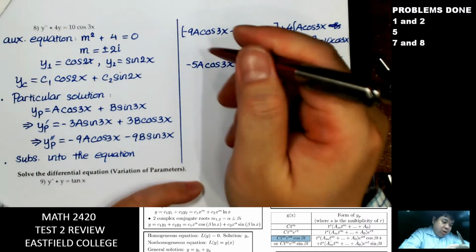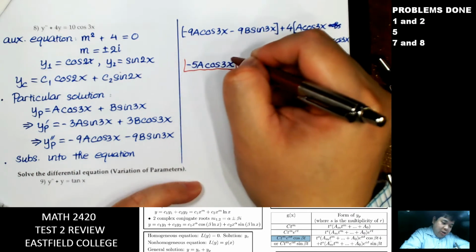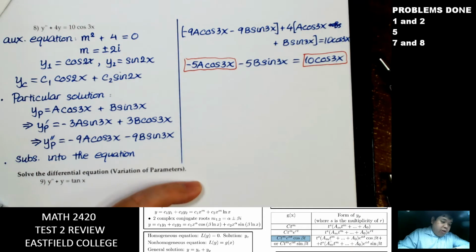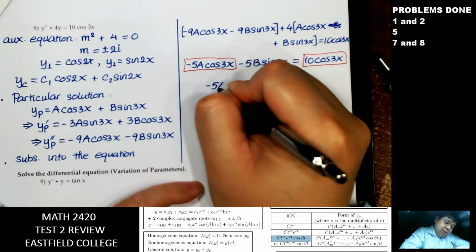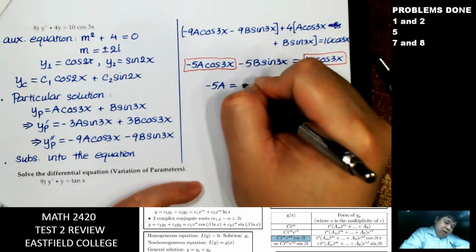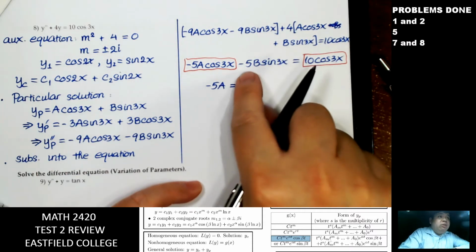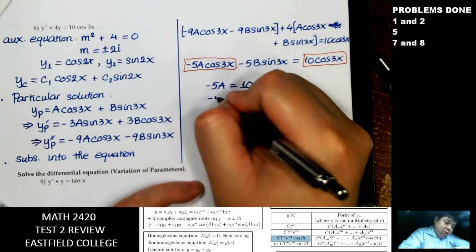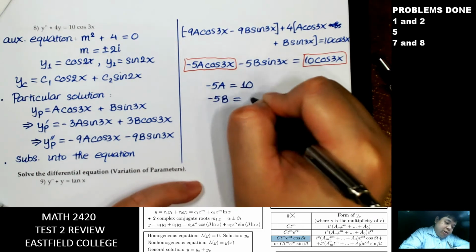So we will match the cosine 3x with the cosine 3x. So negative 5a equal to 10. And negative 5b sine 3x, there's no sine 3x here, so we match that with 0.